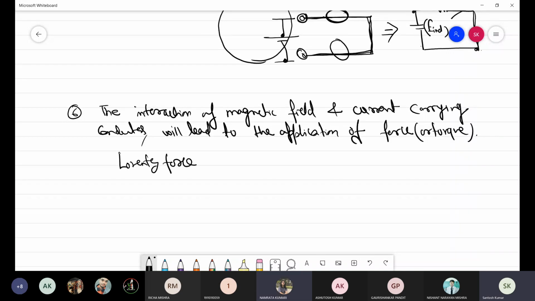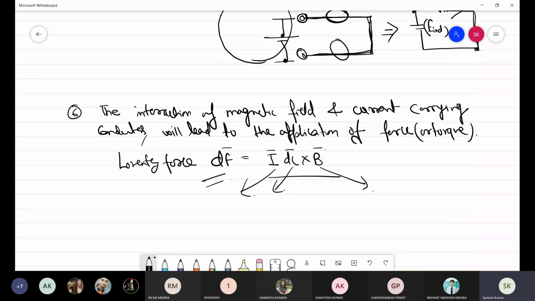Sum of the magnetic force and electric force. I dl cross B होता है ना? Yes, sir. Magnetic force and electric force. Electrical current is there, length of the conductor is there, and magnetic field is there. All these things are coming here. So there will be the application of electromagnetic force or electromagnetic torque, whichever is applicable.